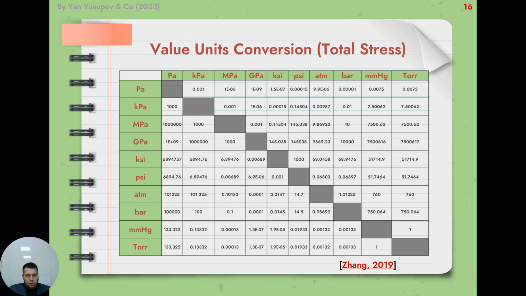I decided to show you a value units conversion for total stress because maybe it's not convenient, as one specialist works in pascals, megapascals, another specialist works with PSI, atmosphere, bar, etc. This table can be useful for recalculation and conversion of value units into each other.